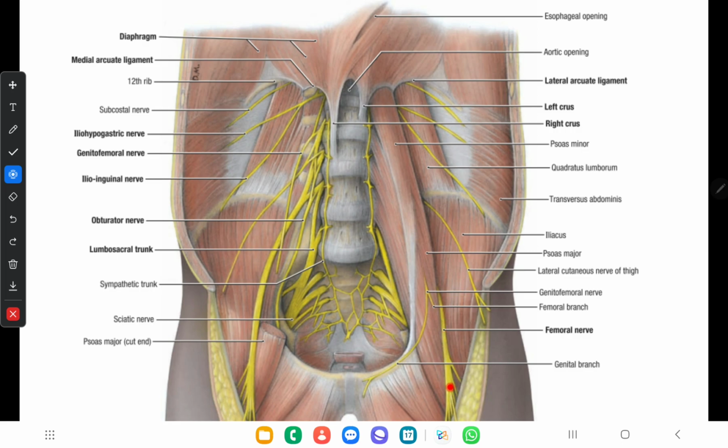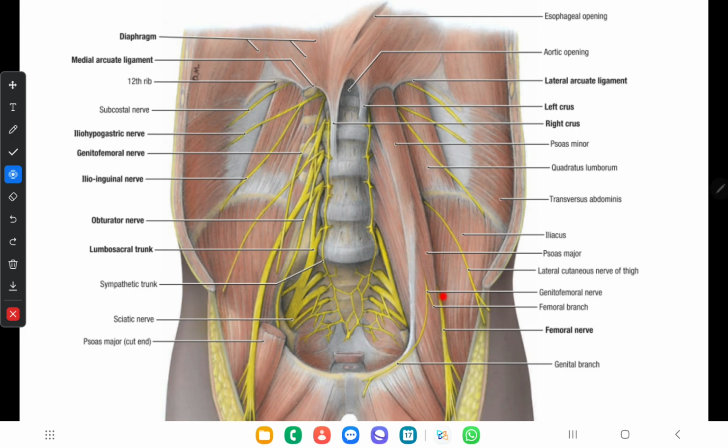Then you have the femoral nerve, which is the largest branch of the lumbar plexus. You can see it emerges from the lateral border of the psoas major muscle. Then it runs downward and laterally between psoas and iliacus muscle and enters into the thigh behind the inguinal ligament and lateral to the femoral vessels.